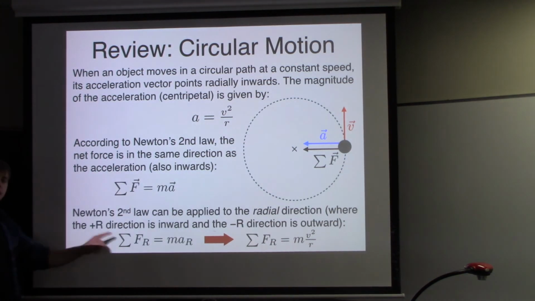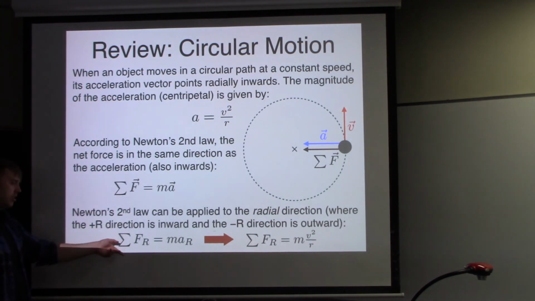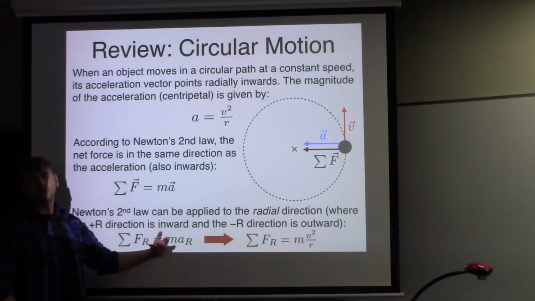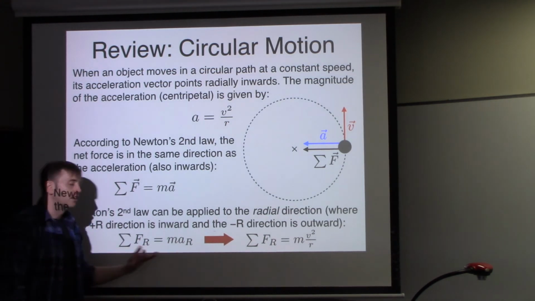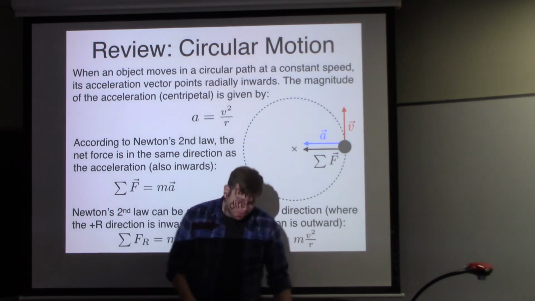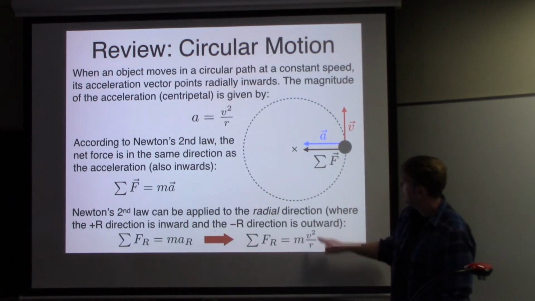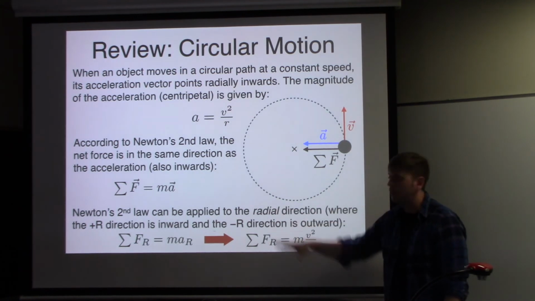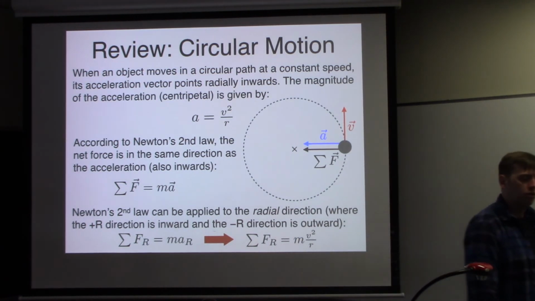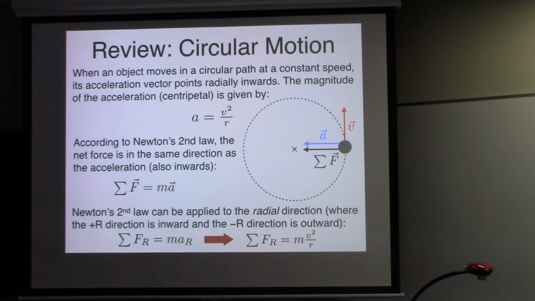The net force in the r direction should equal m times the acceleration in the r direction. And the last step is to realize that the acceleration in the r direction is given by v squared over r. So this is typically how we deal with circular motion problems. The net force in the radial direction equals m v squared divided by r.